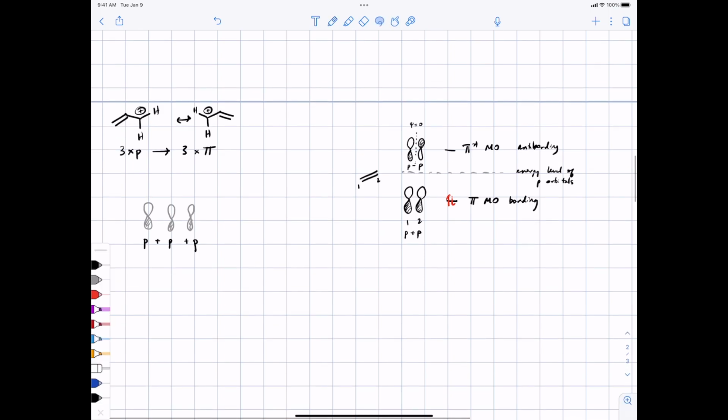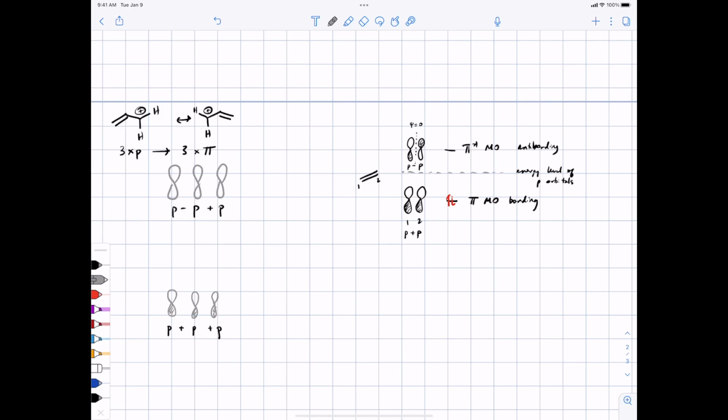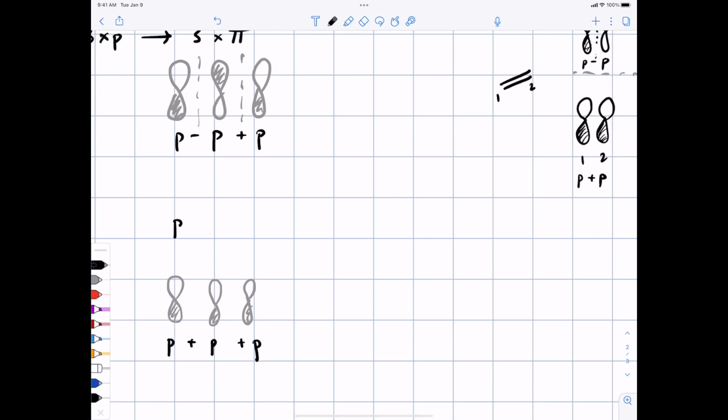There's also, higher in energy, the p minus p plus p combination where the wave function sign alternates between each carbon such that there are nodes, places where the wave function sign goes to 0. And then at an intermediate level, there's a p minus p combination where there's actually a node that coincides with atom 2.